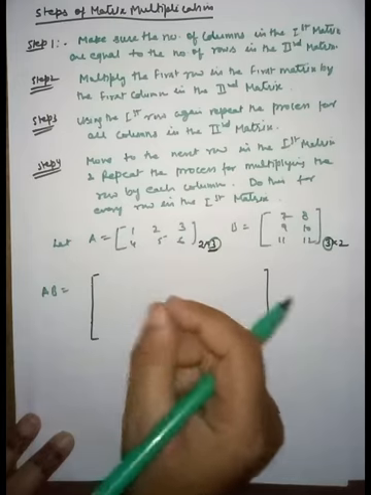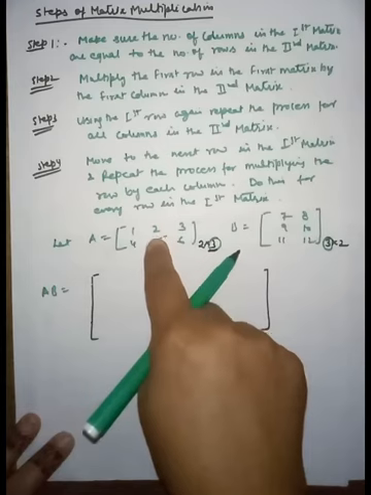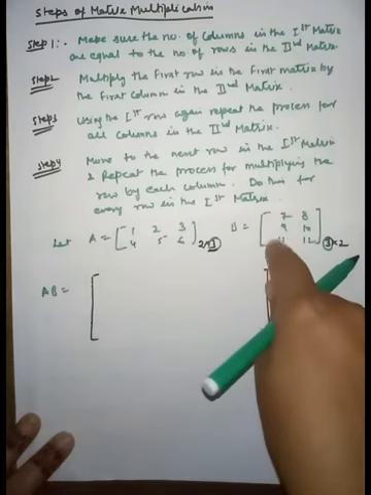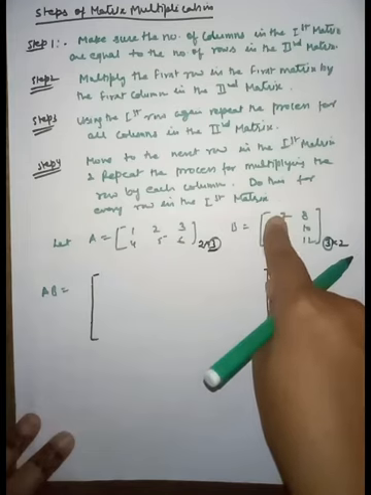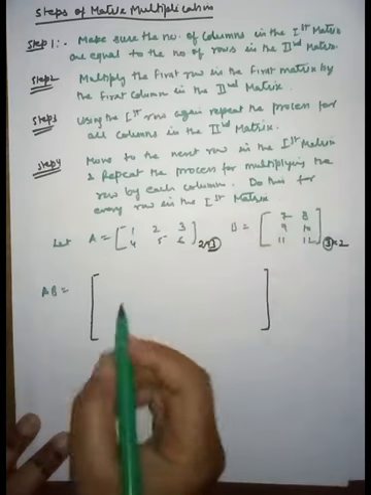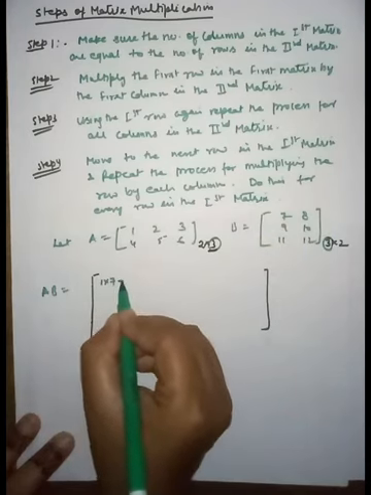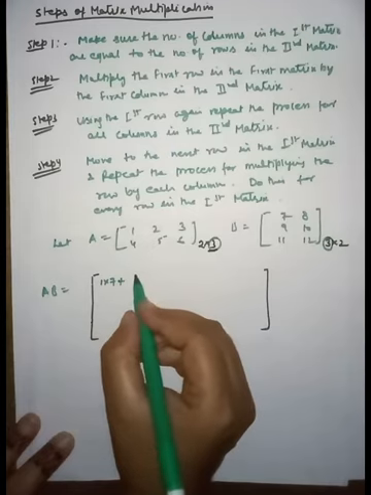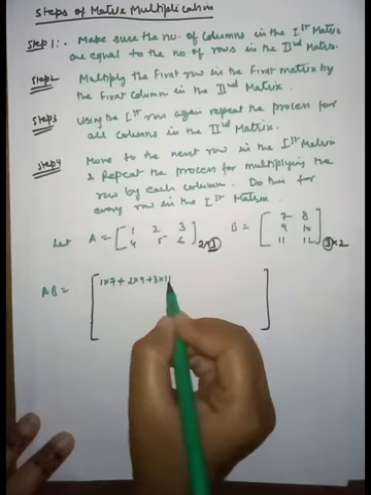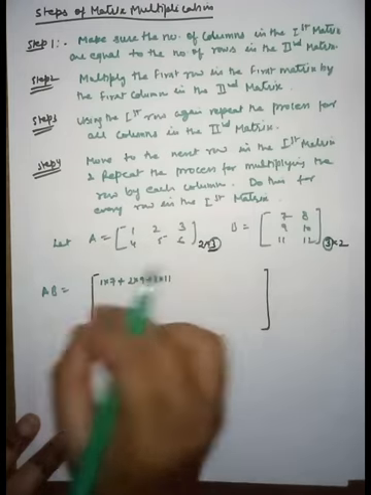It means multiplying the entries in the first row of matrix A by the corresponding entries in the first column of B, then adding the results, right? So multiply 1 into 7 plus 2 into 9 plus 3 into 11. This is your first element of AB.